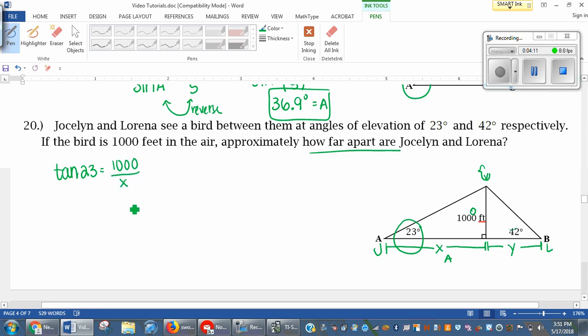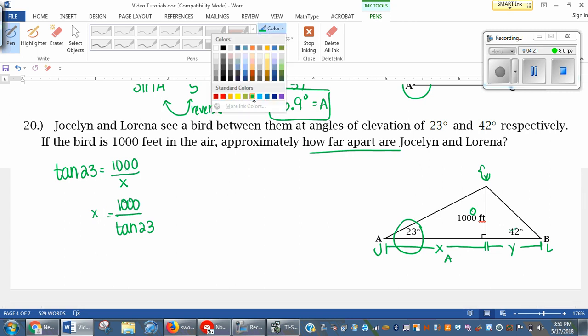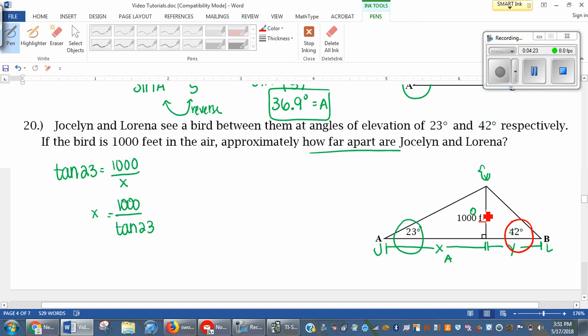Remember, to solve for x, you actually want to flip-flop them. And I'm going to do the same thing over here with my other triangle. I'm calling this the opposite, and y is now the adjacent. And since y is in the bottom, you're going to flip-flop them.